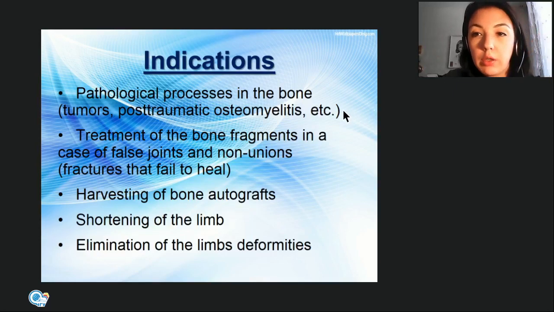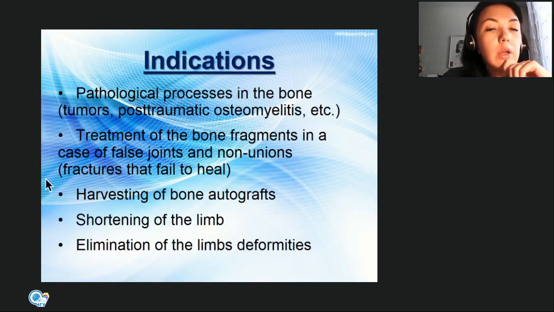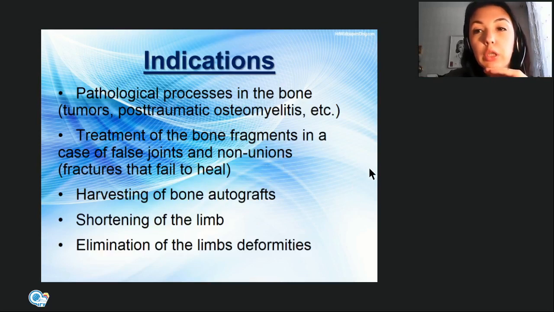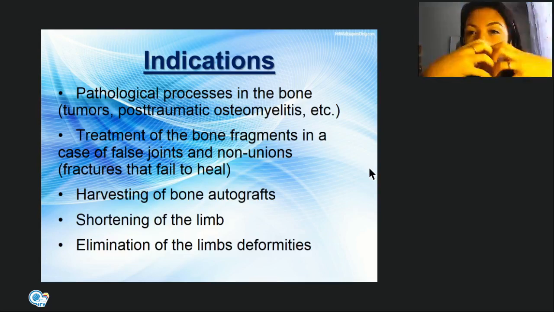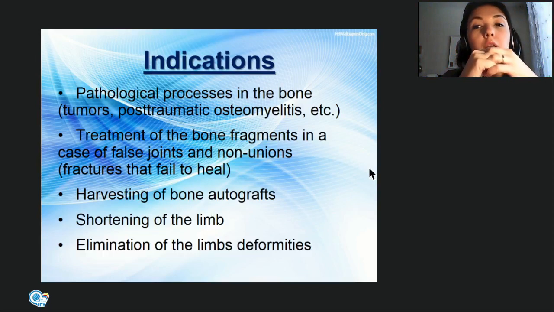Then the other indication for resection of the bone is treatment of the bone fragments in a case of false joints and non-unions. Non-union is another term that means fractures that fail to heal. Probably there was a very big gap between the bones, or maybe some other reasons, but time passed, and the ends of the bone did not connect, and it caused formation of false joints.